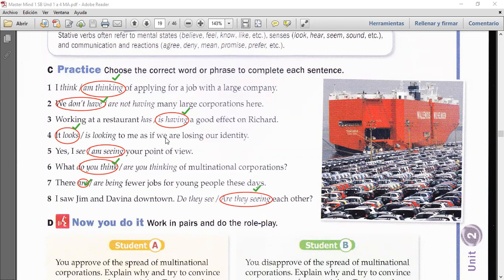What about five? It's incorrect. Yes, I see your point of view. So your point of view is not visible. You're giving an opinion. Okay. Good.